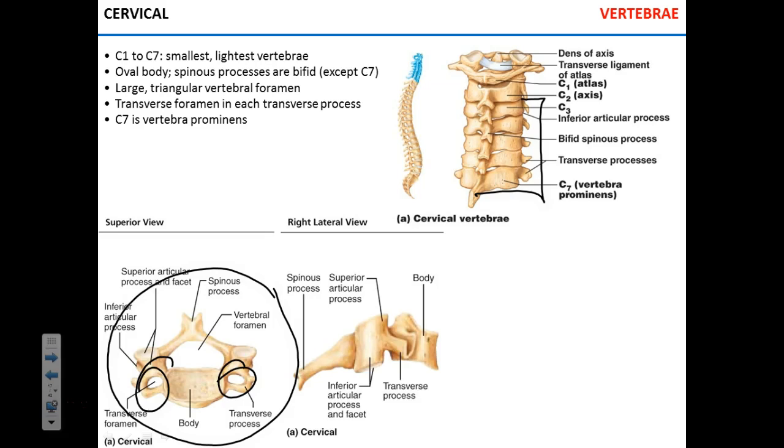Transverse processes, on the other hand, are very small. And the vertebral foramina, what shape does it have generally? It's actually triangle. It's not even semicircular, it's triangle. So cervical vertebrae have triangular vertebral foramen.